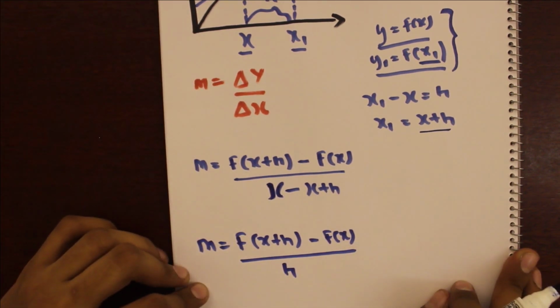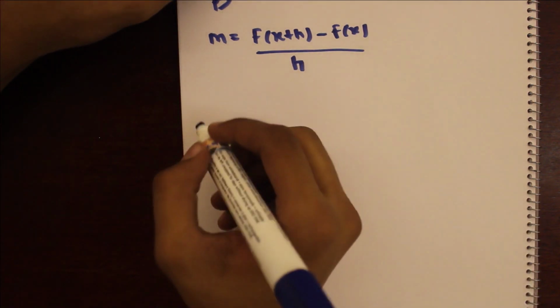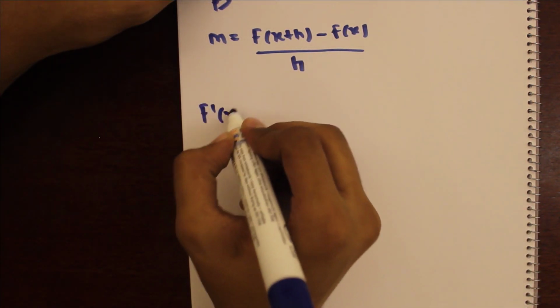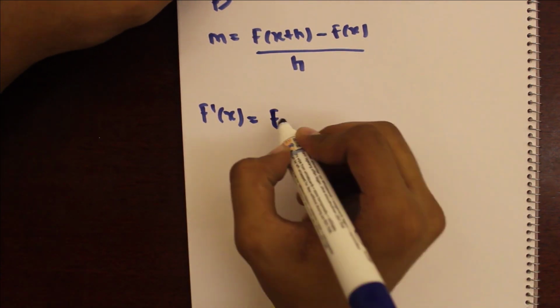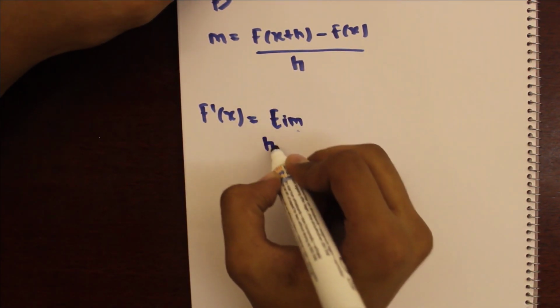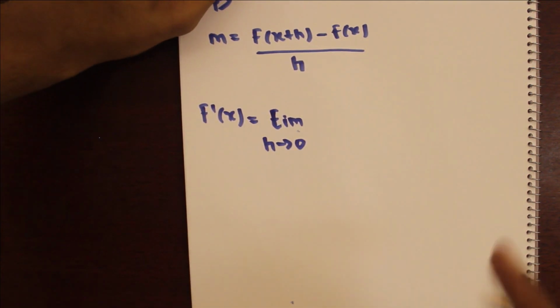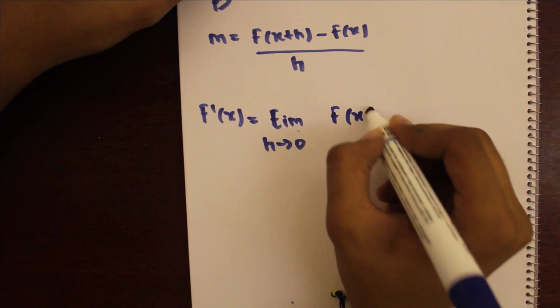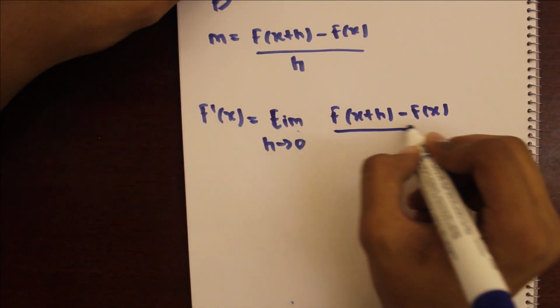So to get the formula using first principles to calculate the gradient function, we have f prime of x, which is the derivative of f of x, equal to the limit as h approaches 0, since h is really small, of f of x plus h minus f of x over h.